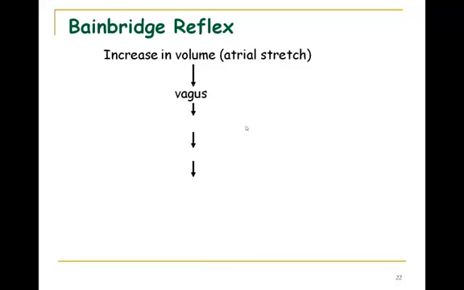And what's going to happen is it will result in the activation of the beta-1 receptors in the SA node. And if you activate the beta-1 receptors in the SA node, what's going to happen? That will increase your heart rate.